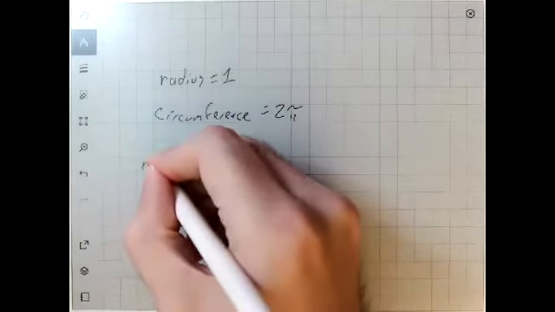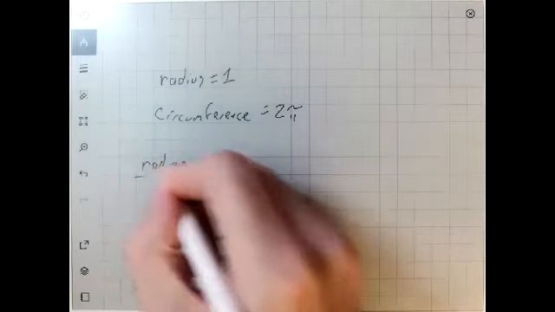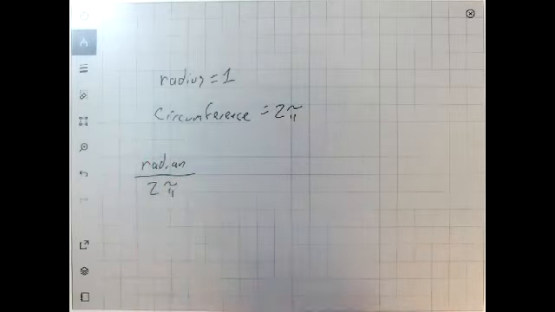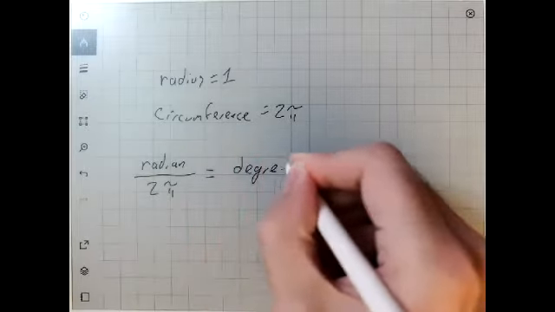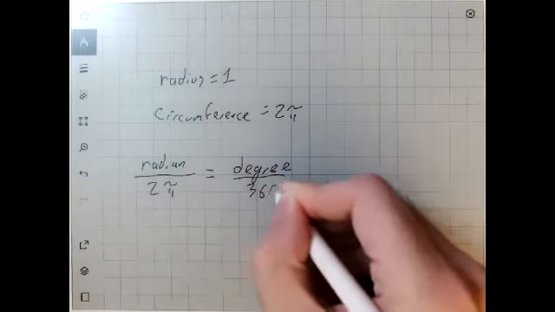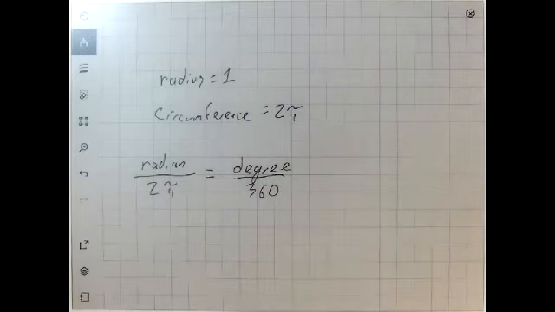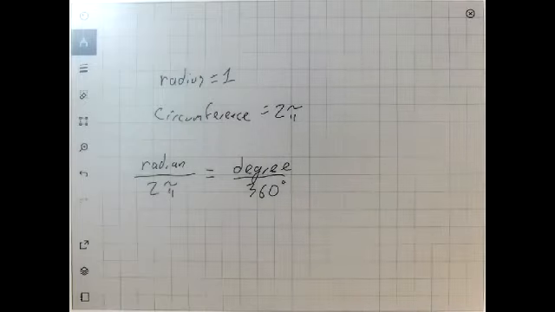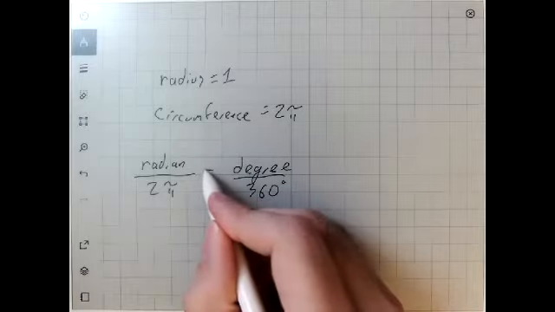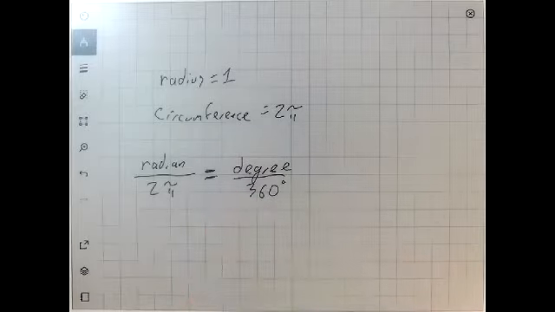So, if we take the radian measure of an angle and divide by 2 pi, that's the fraction of an entire circle. And similarly, if we take the degree measure of a circle and divide by 360 degrees, that is the fraction of a circle. So either way, you get the same result. These things should be equal.